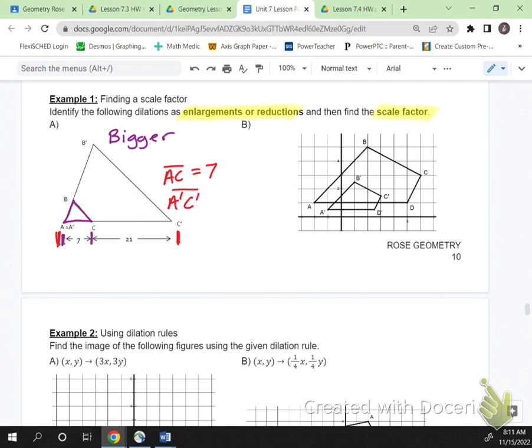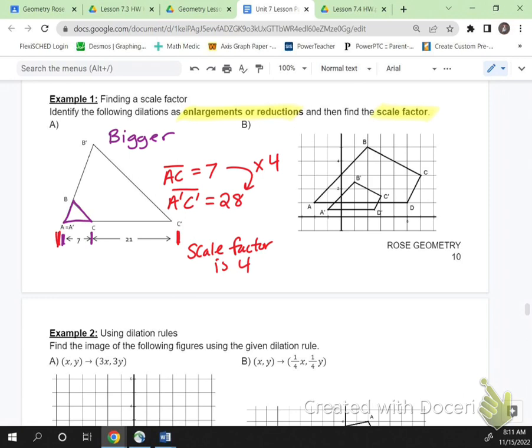A prime, C prime is, look closer, 28. So what have I multiplied this by? 7 times what? 4. So my scale factor is 4. We did it.